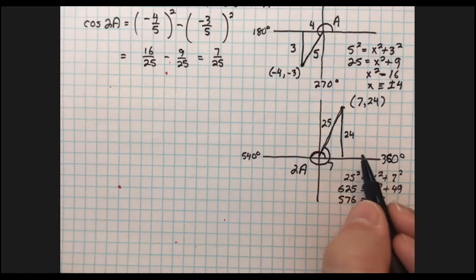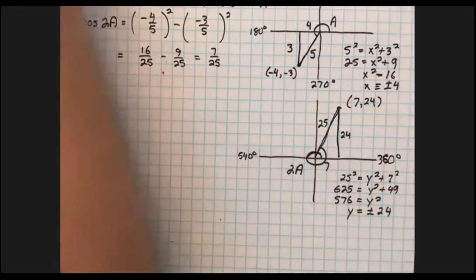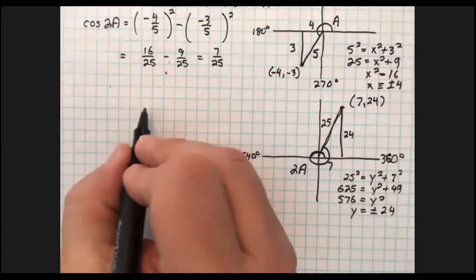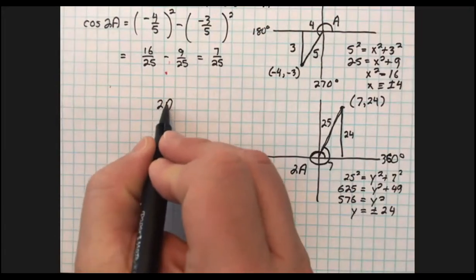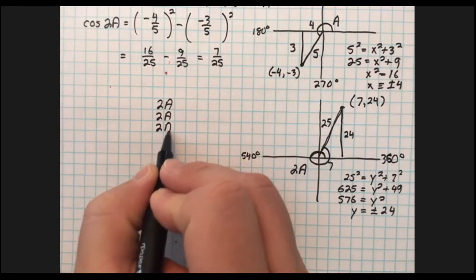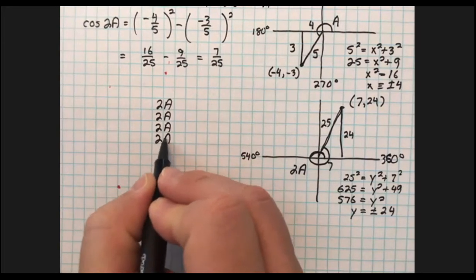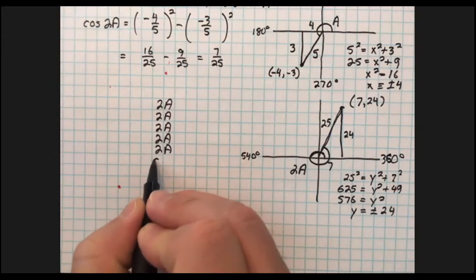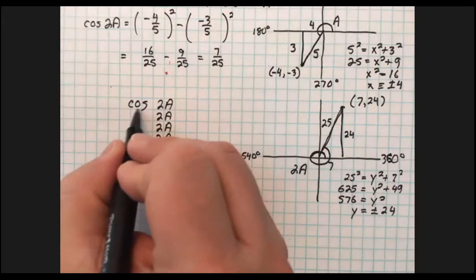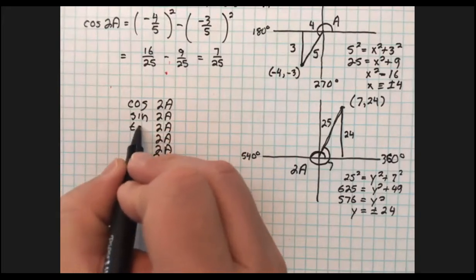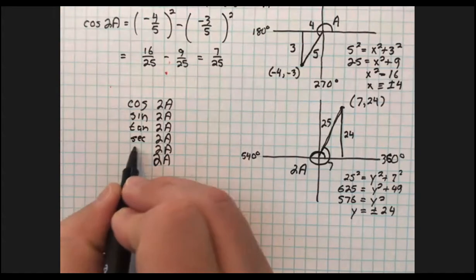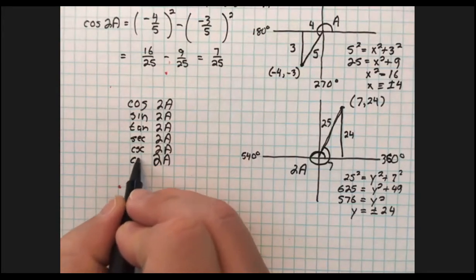And the reason I drew this for you is to reemphasize that once I draw this angle, I can find out any function of 2a, right? Cosine, sine, tangent, secant, cosecant, cotangent.